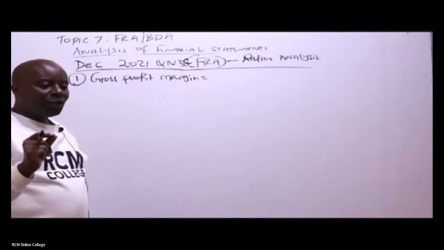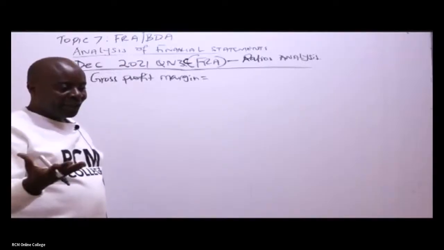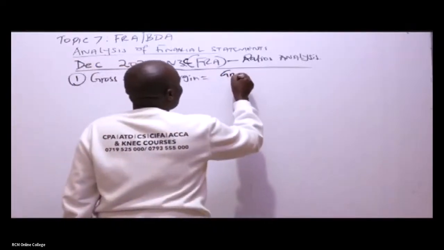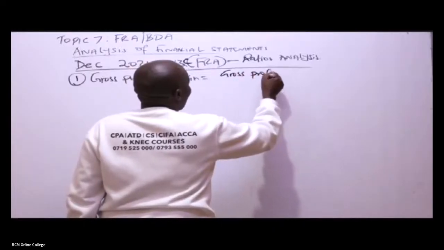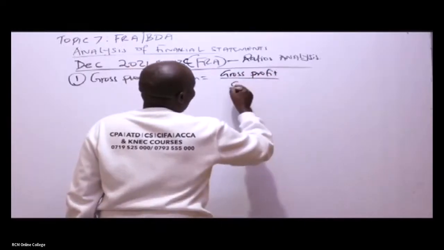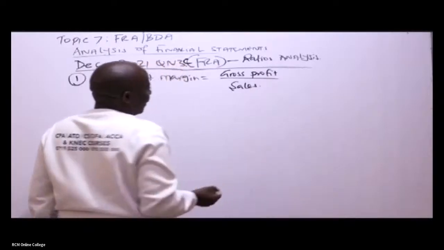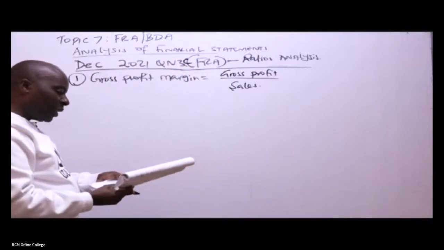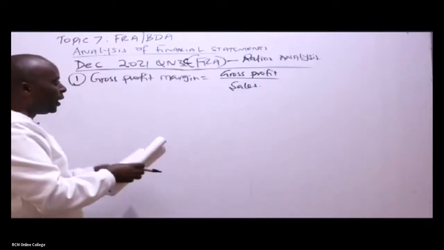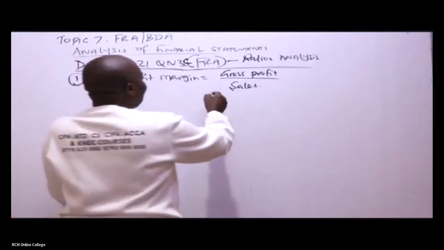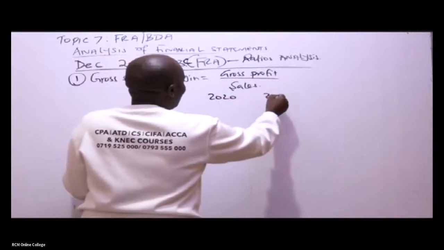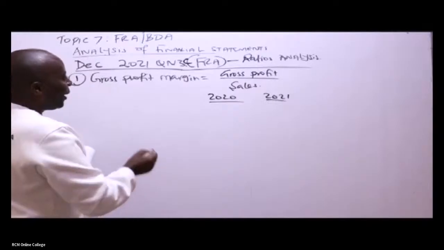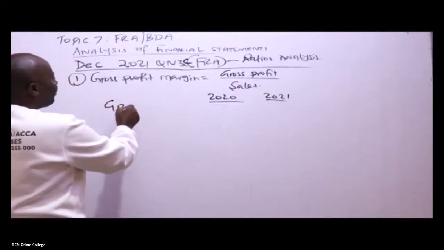Anytime we see the word margin, there must be sales at the denominator. So this will be gross profit over sales. Let's calculate this for each of the 2 years, 2020 and 2021.